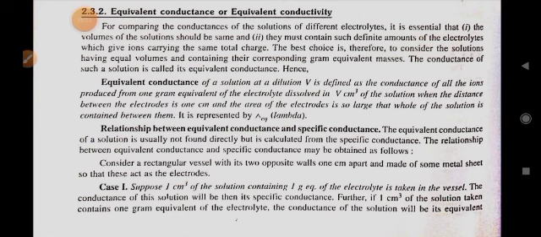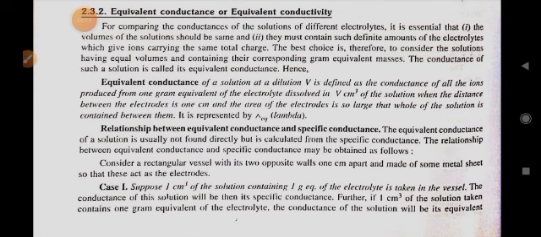Equivalent conductance or equivalent conductivity. For comparing the conductances of the solutions of different electrolytes, it is essential that the volumes of the solutions should be the same and they must contain such definite amounts of the electrolytes which give ions carrying the same total charge. The best choice is therefore to consider solutions having equal volumes and containing their corresponding gram equivalent mass. The conductance of such a solution is called its equivalent conductance.